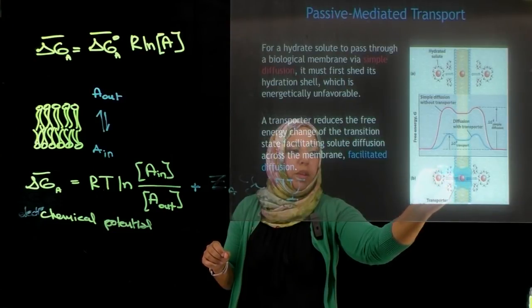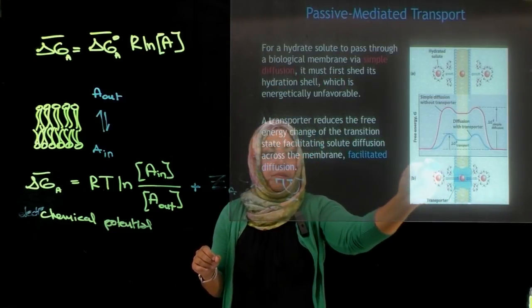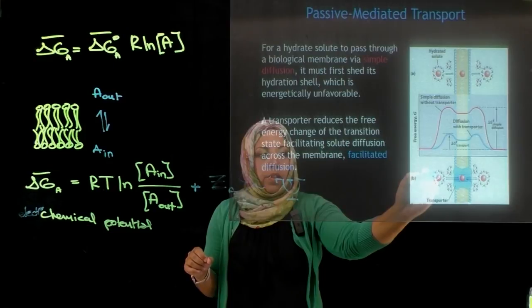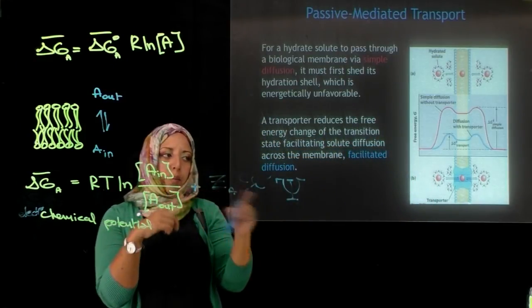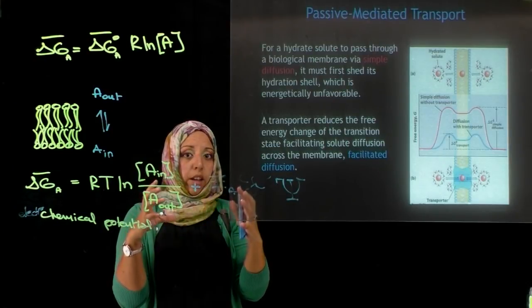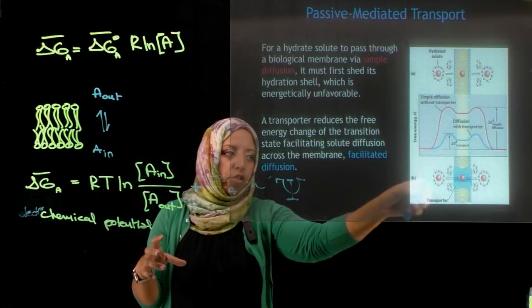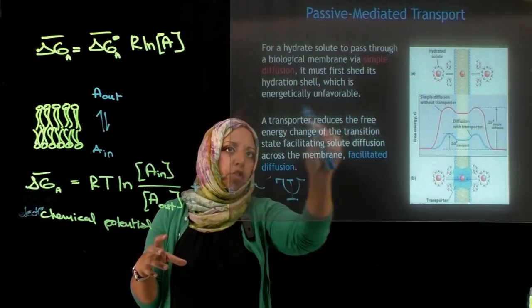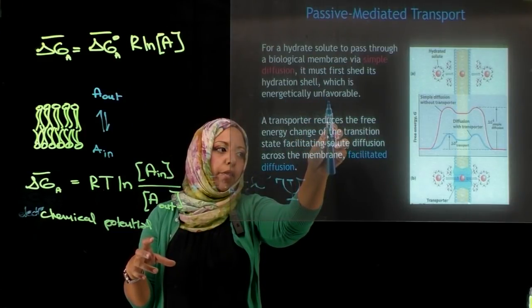And what is happening is that the solute, or that substance that is about to move across the membrane, is shedding its hydration shell of water, which again is energetically not very favorable.